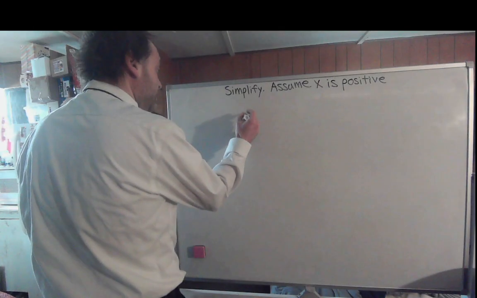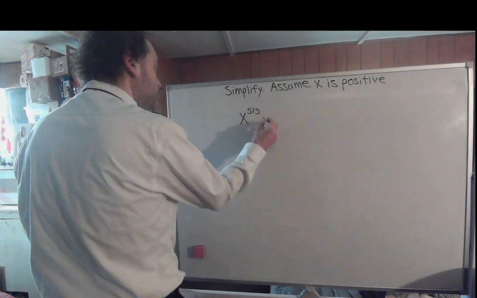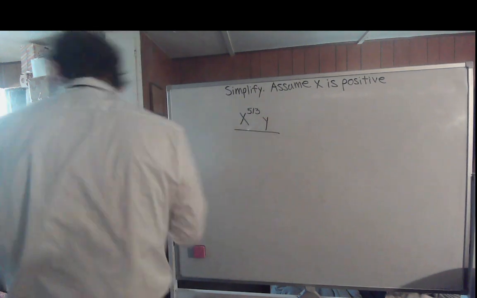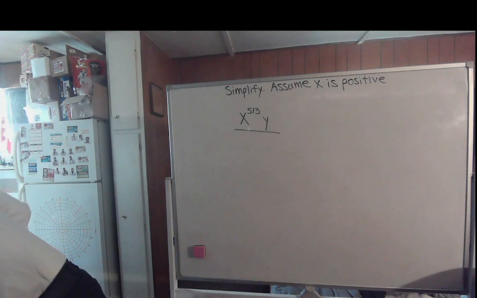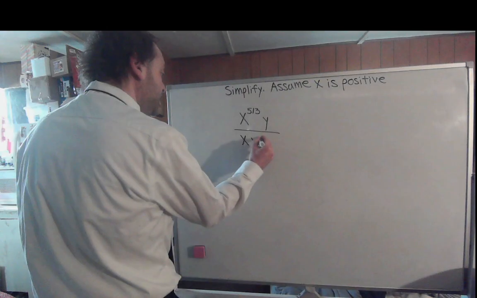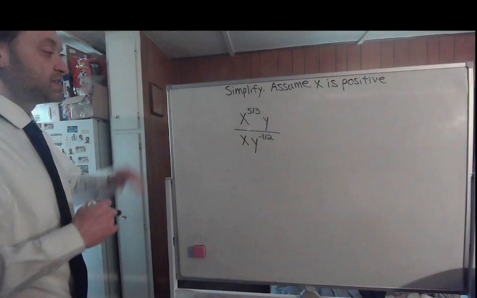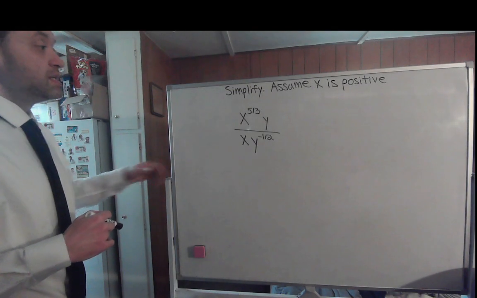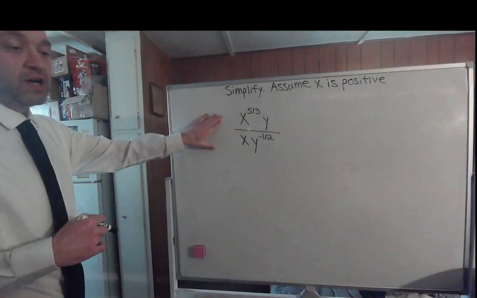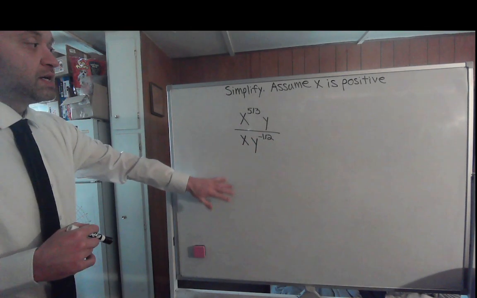Alright, let's see. We have x to the 5/3 times y all over x y to the -1/2. Since you are dealing with two variables, it might be a good idea to split them, right?